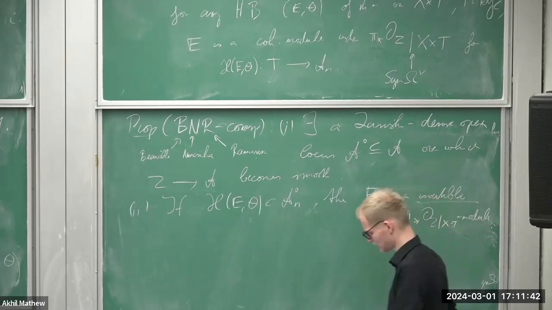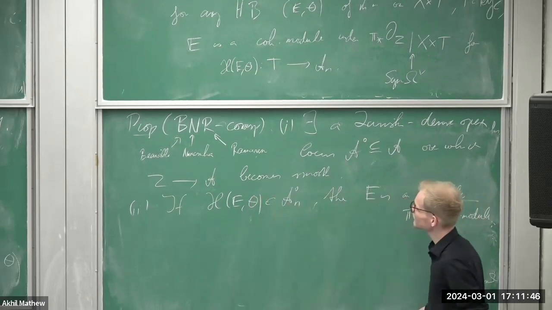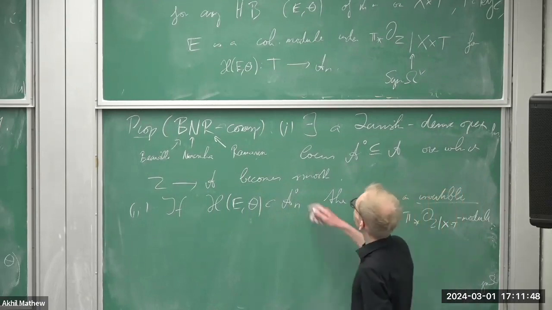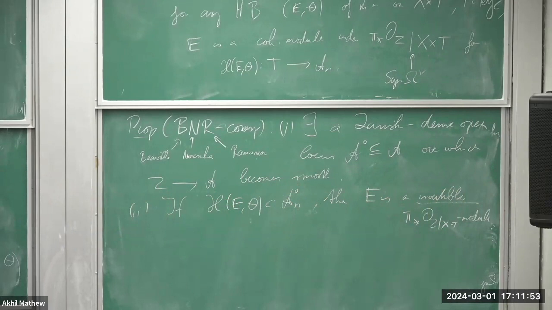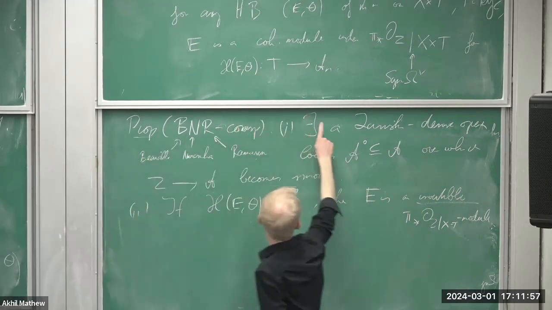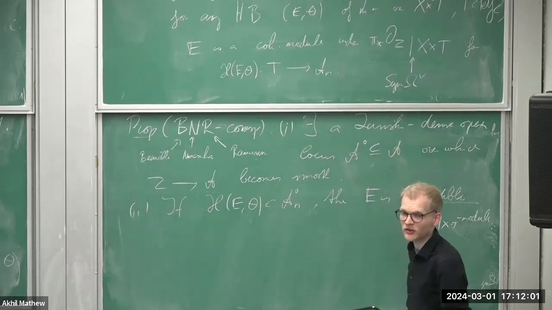And what this means is that generically, this becomes a relative Picard variety for the spectral morphism from Z to the Hitchin base.